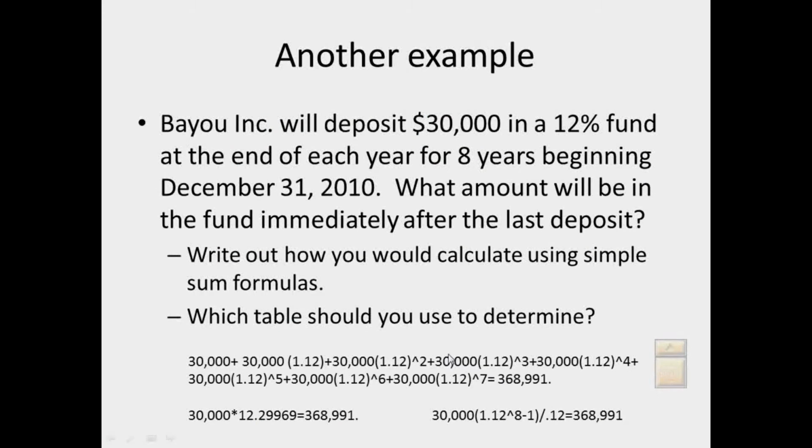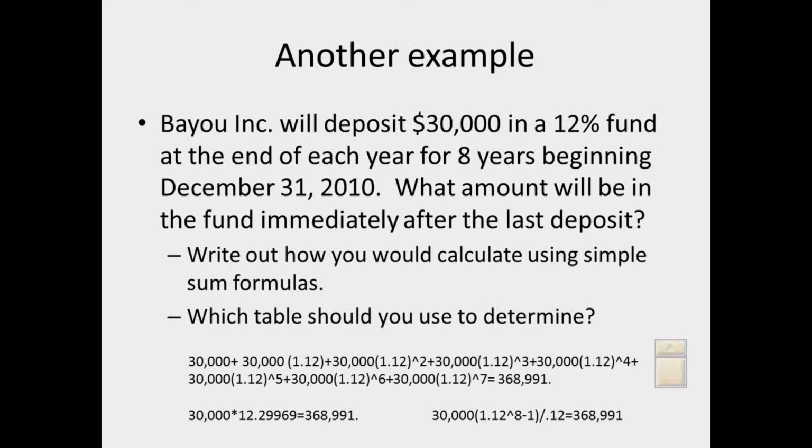Okay, so if we just stick with the one formula that we knew from last class, the last payment is just worth $30,000, right? Because I made it at the very last day. It hasn't had even 1 day to accrue any interest, so it's just worth $30,000. Okay? The payment I made 1 year before is worth $30,000 times 1.12.